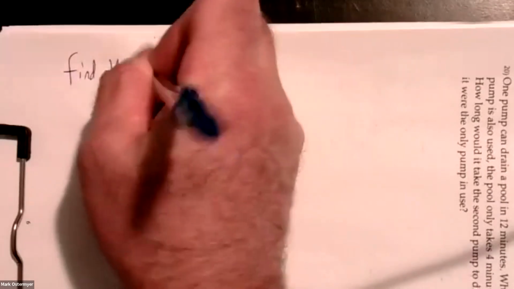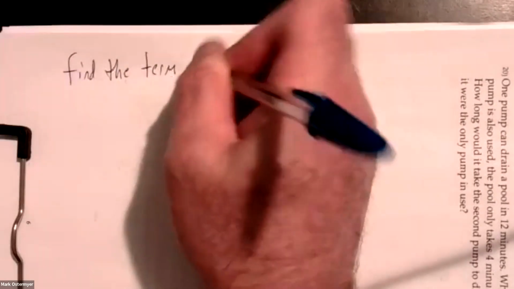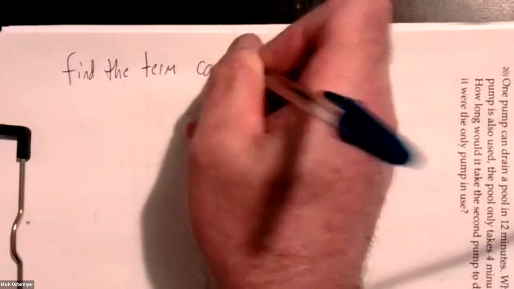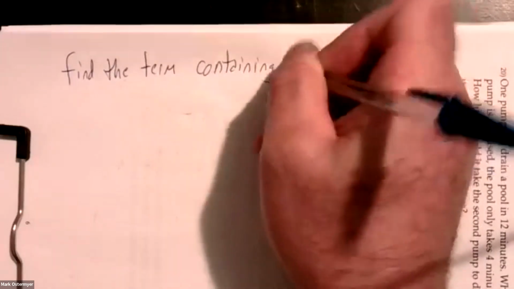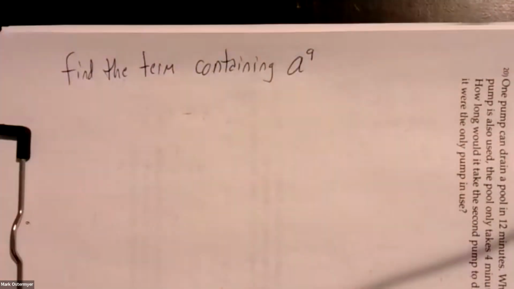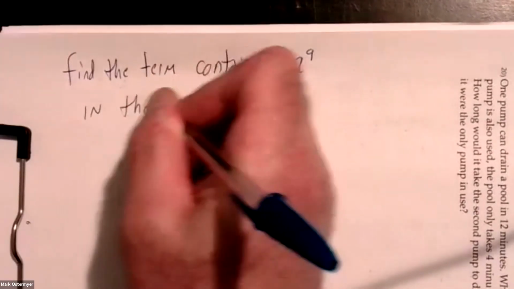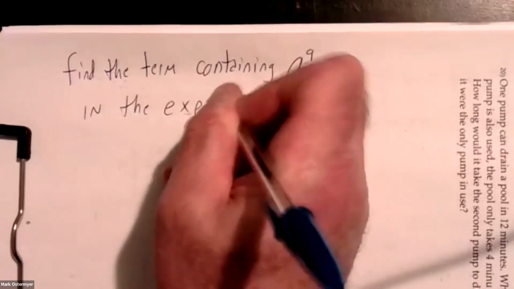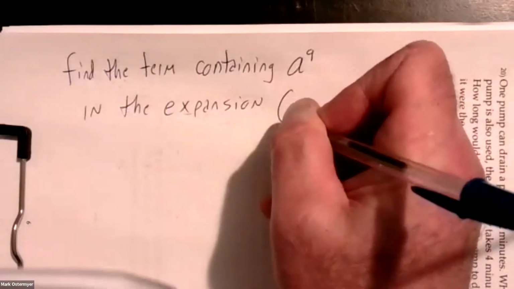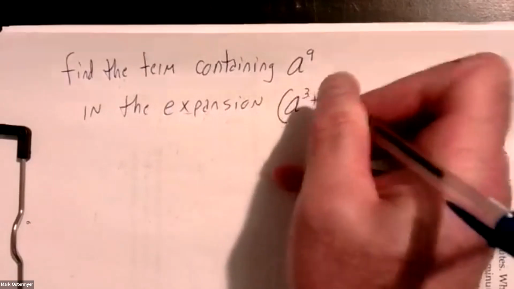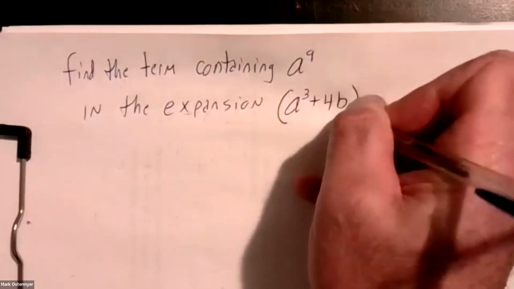Okay, here's another typical problem. This next one says, find the term containing a to the 9th power in the binomial expansion, which is going to be a cubed plus 4b raised to the 6th power.